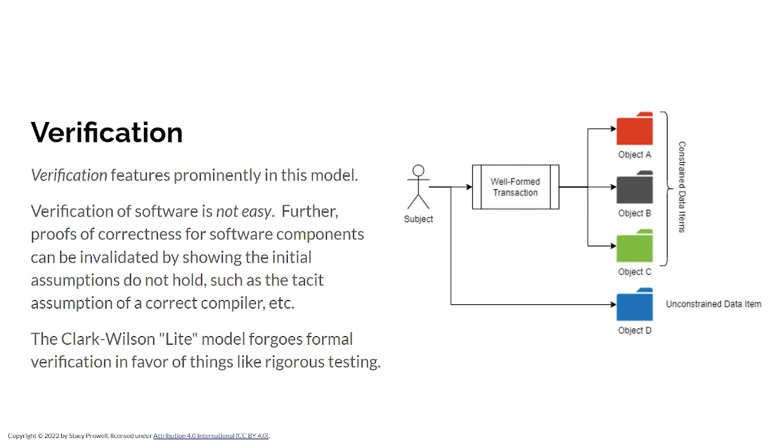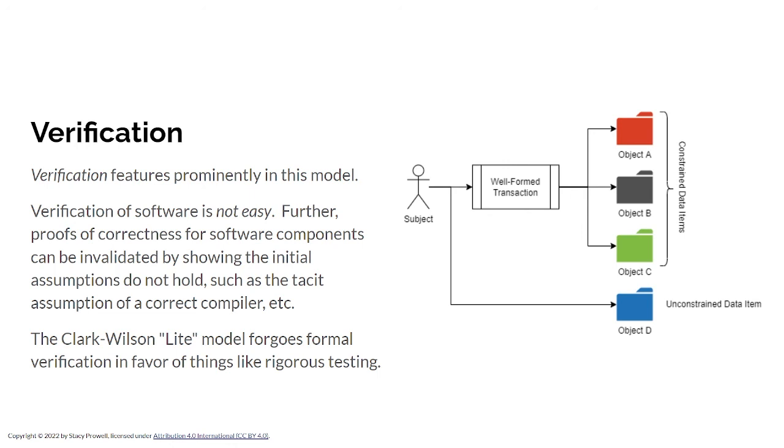And proofs of correctness for software components can be invalidated if I can show that your initial assumptions didn't hold. For example, I find a bug in the compiler, and now all that work can potentially be thrown out. Or I find a bug in the processor, or if someone finds Rowhammer, right? There are lots of things that can invalidate that work.